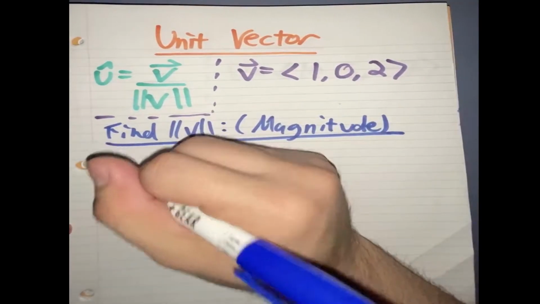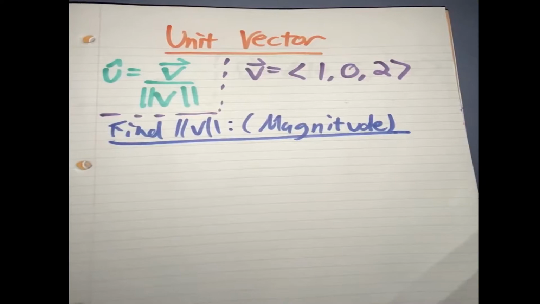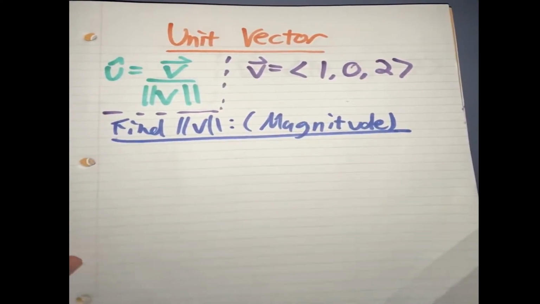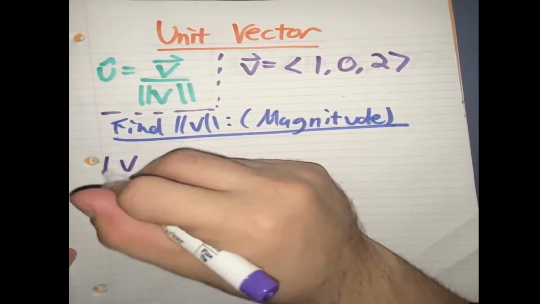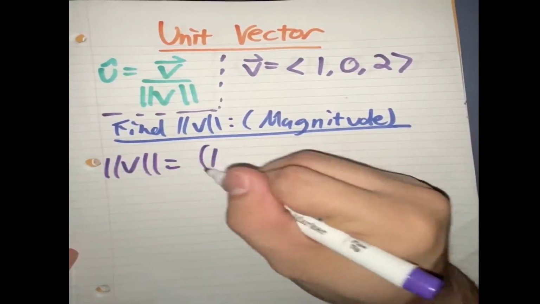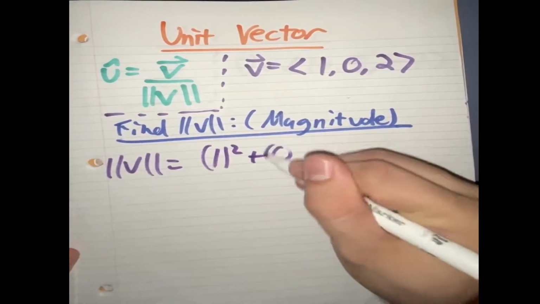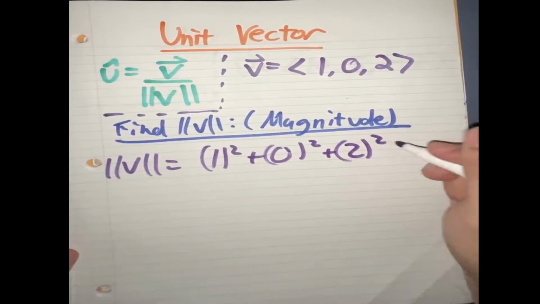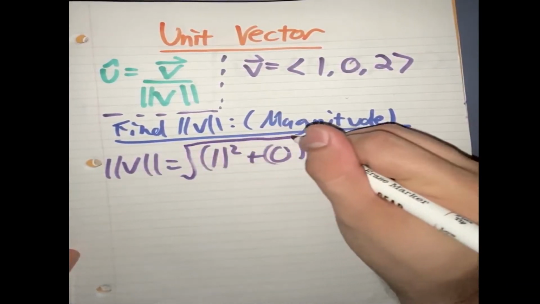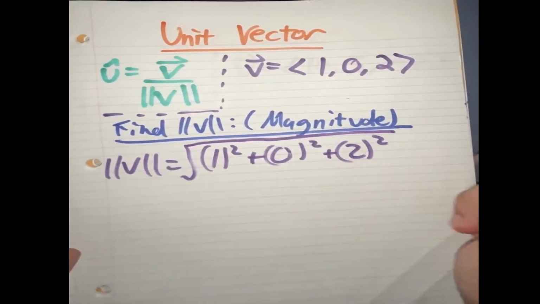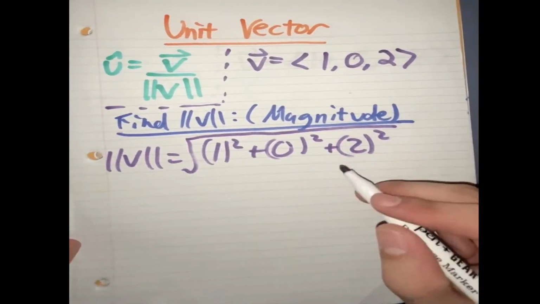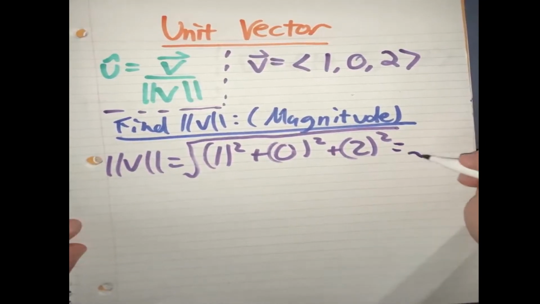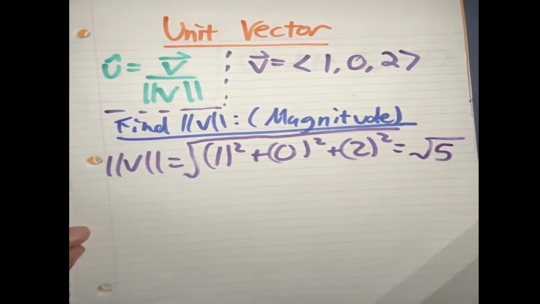To find the magnitude of a vector v, we take 1 squared plus 0 squared plus 2 squared, which is equal to the square root of 5.